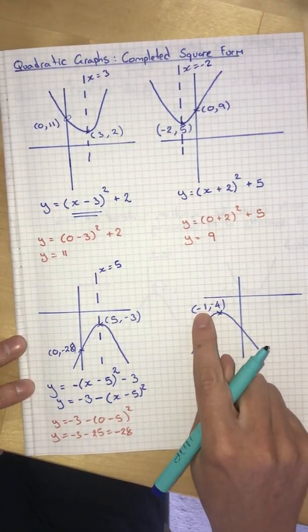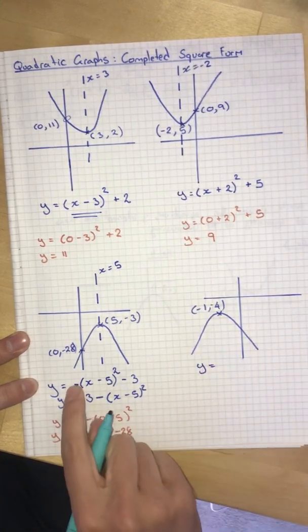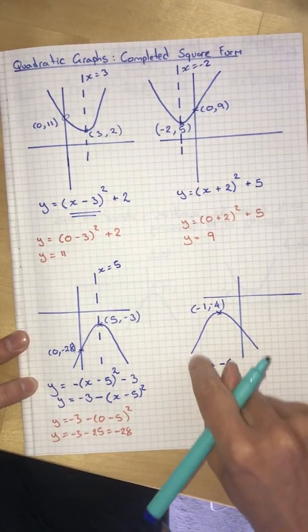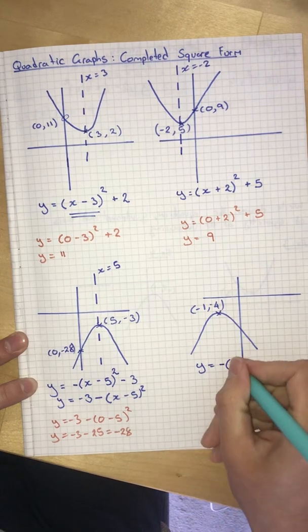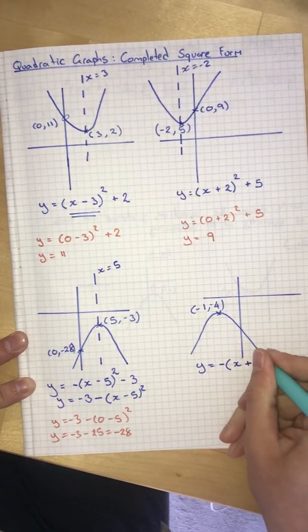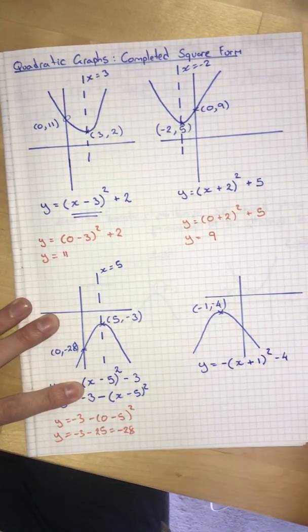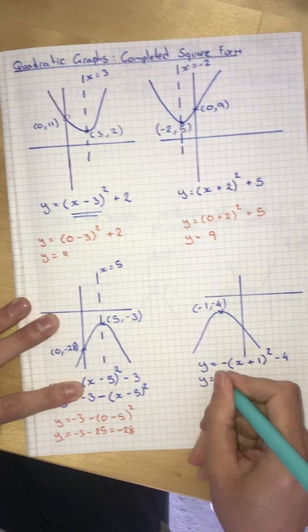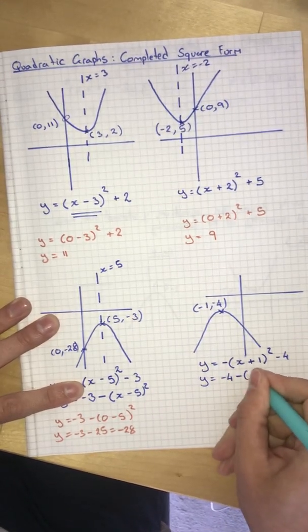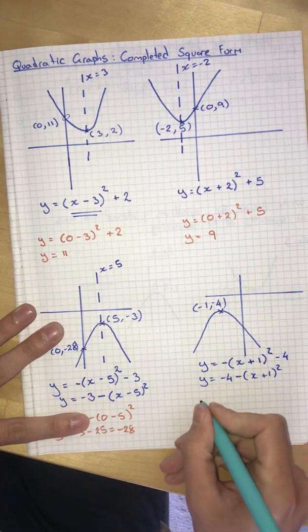Last one, negative 1, negative 4. So we're going to get negative, because it's a maximum turning point, x, change the sign of the x coordinate, minus 4. Right. Last thing we need is a y-intercept.